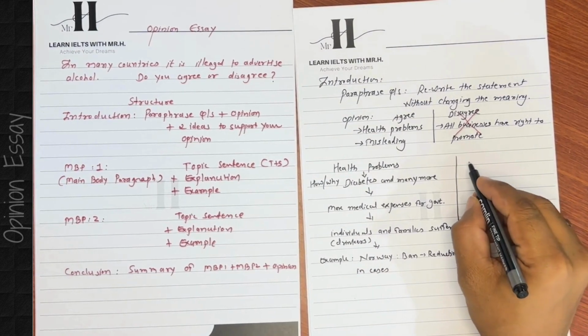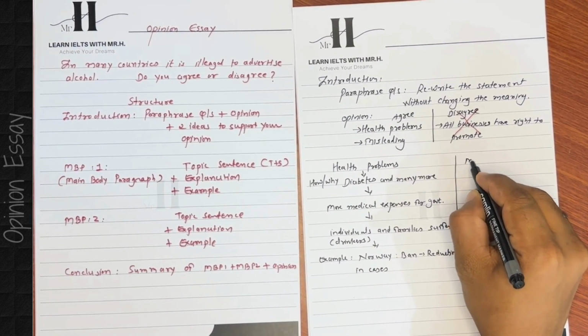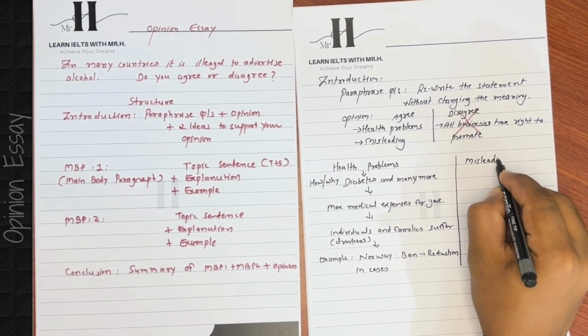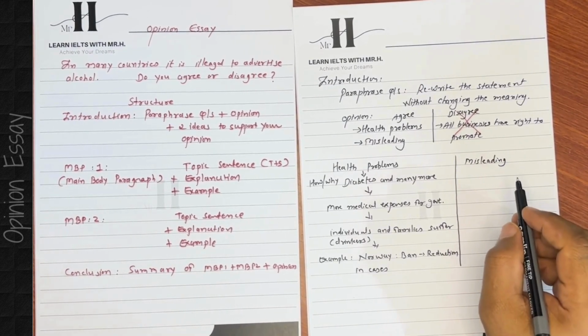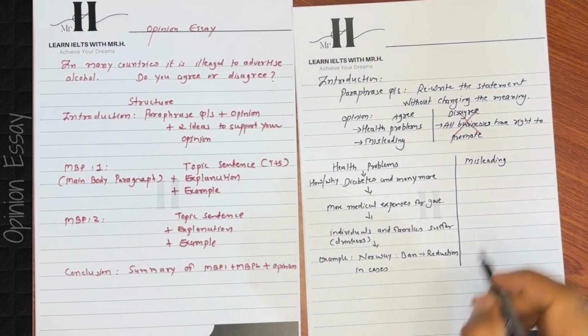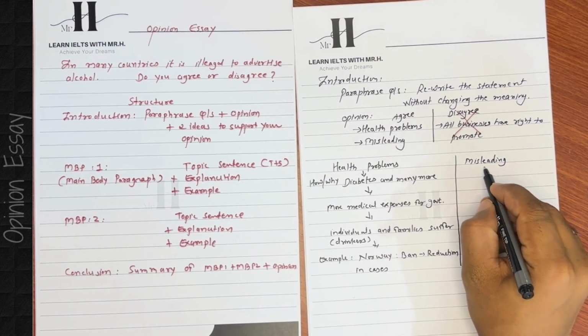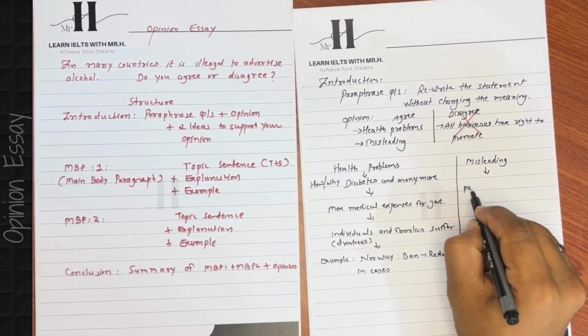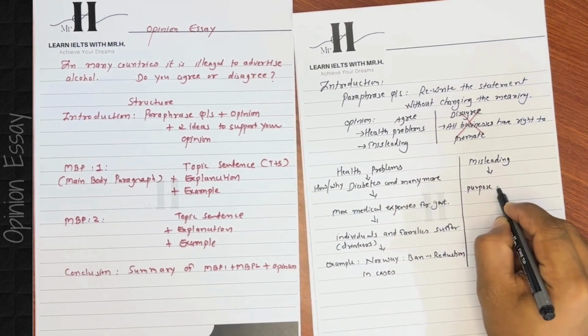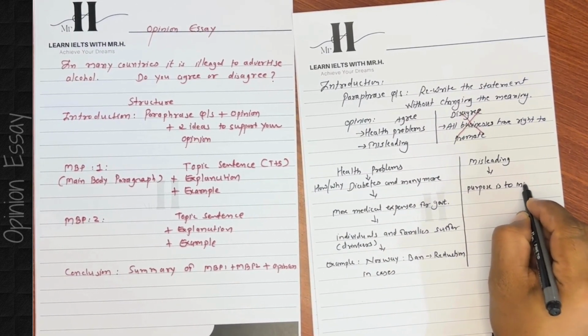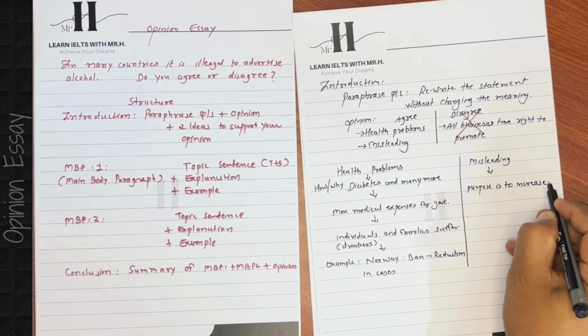Let's have a look at the second idea in the same manner, that is, misleading. The first pointer is, what is the purpose of these advertisements? It's basically to increase sales.